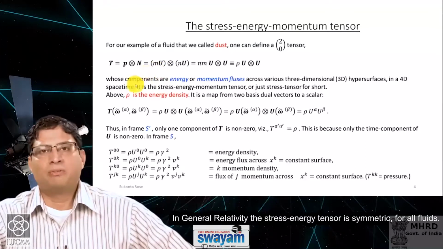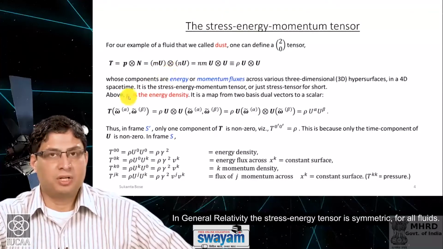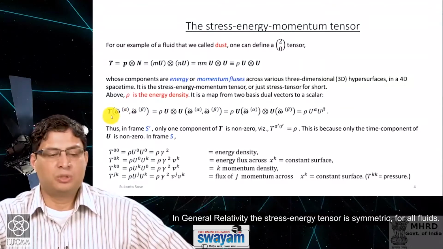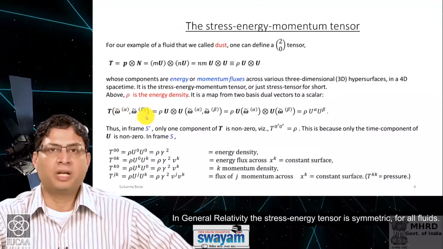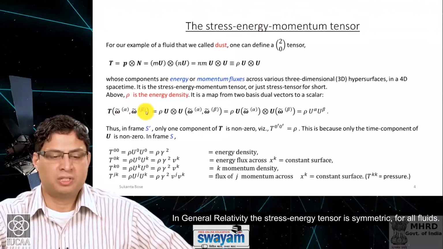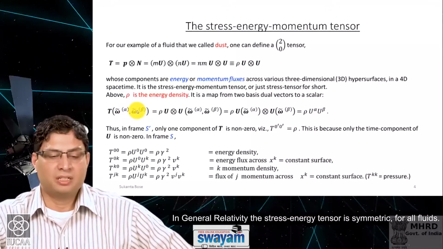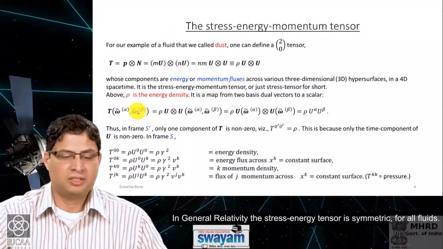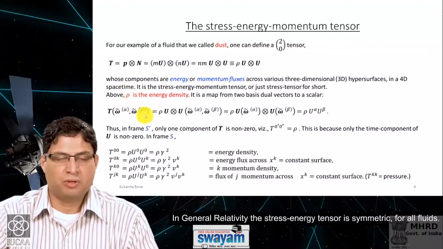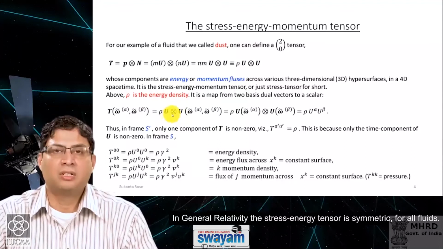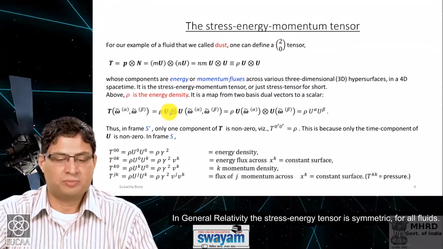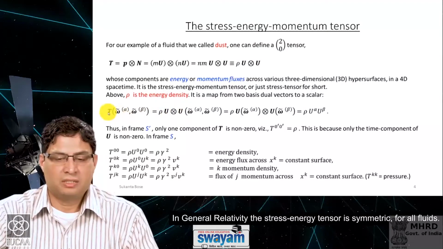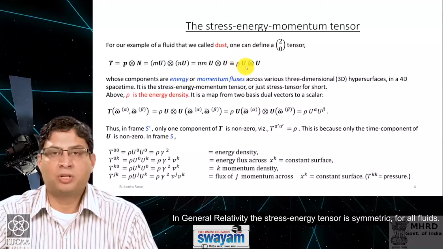So, of course, all dual vectors can be expanded in terms of the basis vectors. Which is why T, this 2-0 tensor, is defined as a map from two dual vectors, omega alpha and omega beta, both with tildes, producing a scalar. So, what is the scalar? We can understand that in the following process, which also helps us understand the role of this tensor product. So, T is just rho u tensor product u.